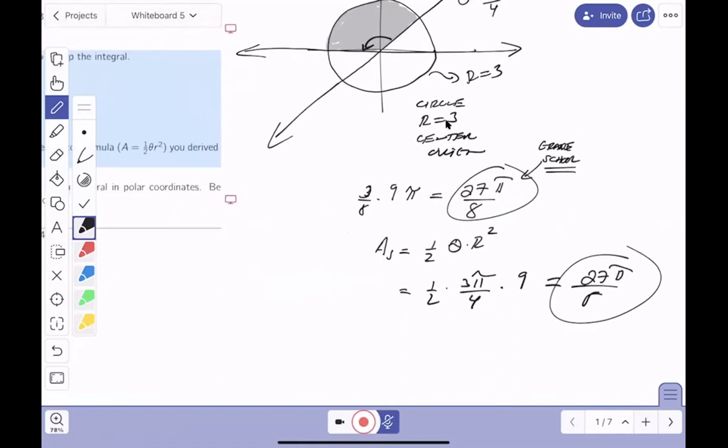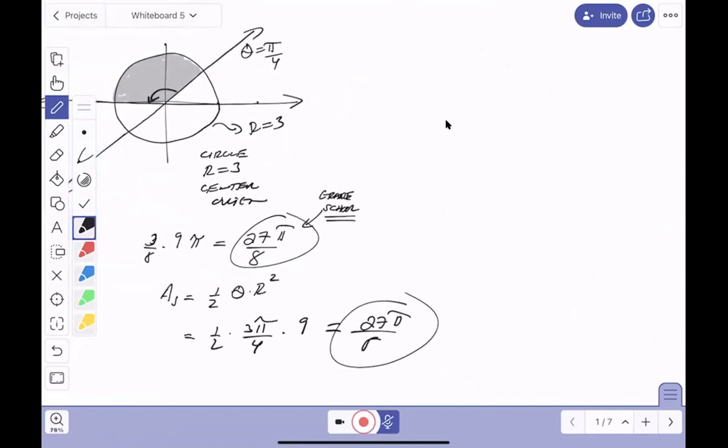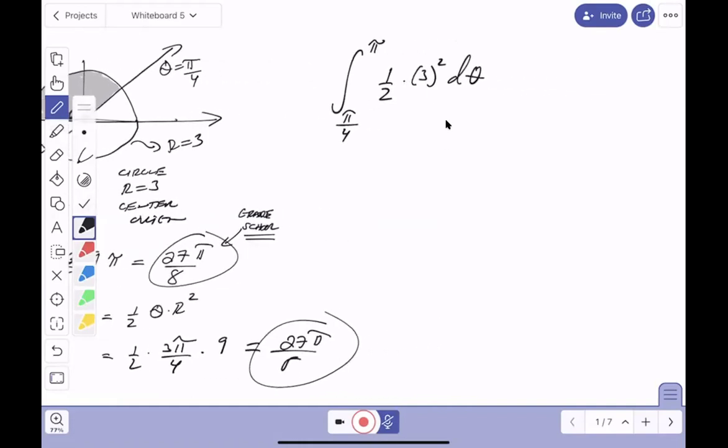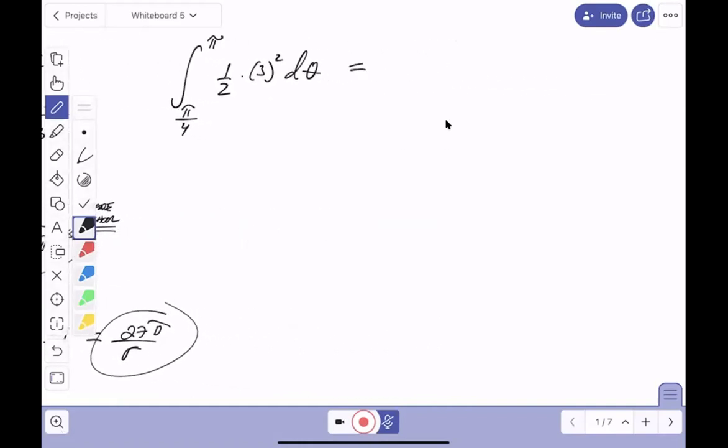But what did they say? They said do it by an integration, and I'll put this down for you. I'll hopefully get the same number, right? So I'm starting at pi over 4, and I'm going to pi. It's going to be 1/2 integral of r squared, which is 3 squared, d theta. Again, we're showing the little tiny arcs now. What do you get over here?